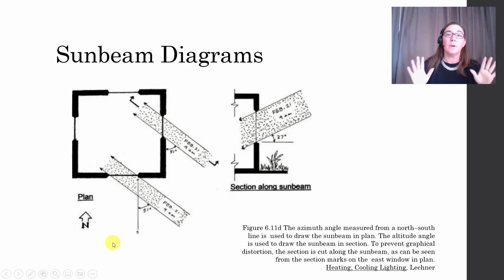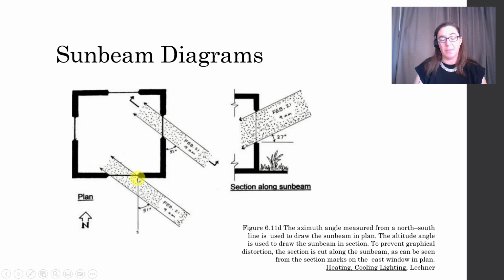On the plan, we're concerned with azimuth, not altitude. And so you can see that what we're interested in is the angle at which the sun penetrates into our building. So you would find this piece of the window right here, and this particular angle, that's our azimuth, and trace this ray right here.